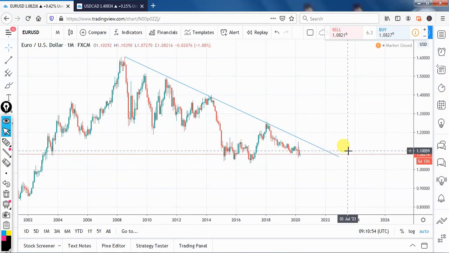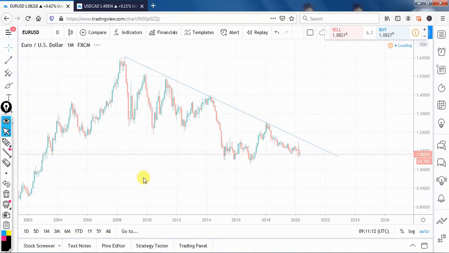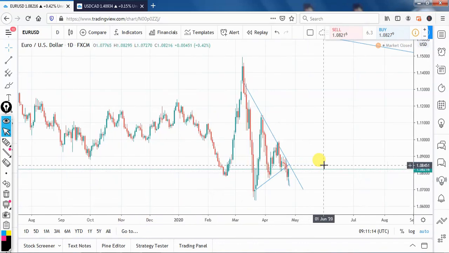So as of the entries, stop losses and targets, I'm going to give it a shot when the price comes up to 108.70. So 108.70, I'm going to give it a try. Let's drill down to the daily time frame and see what we have.